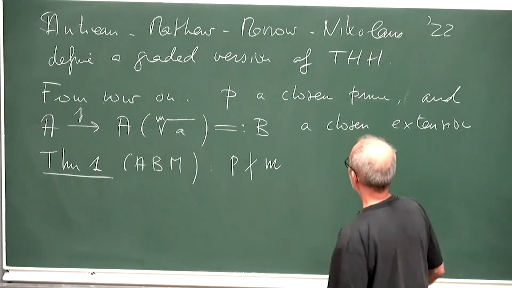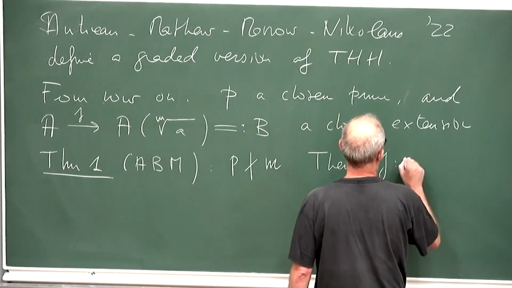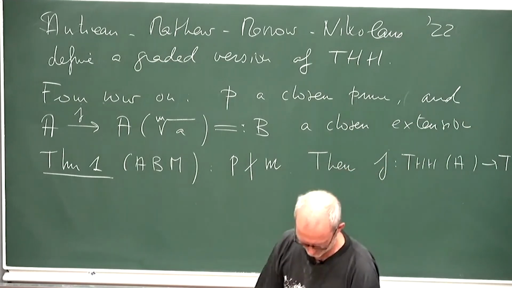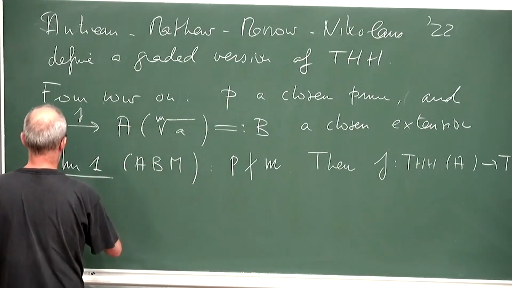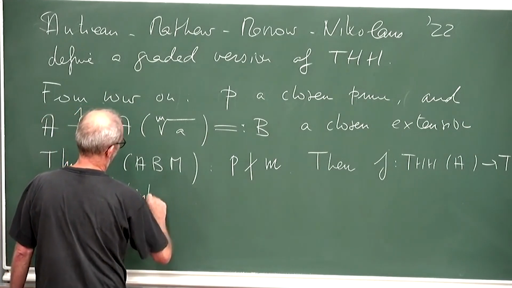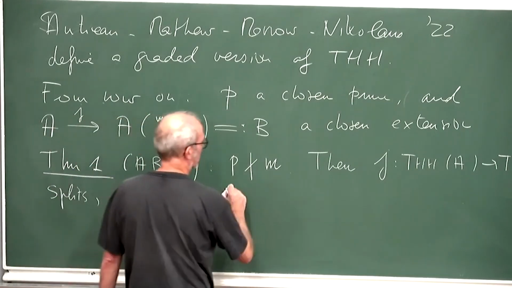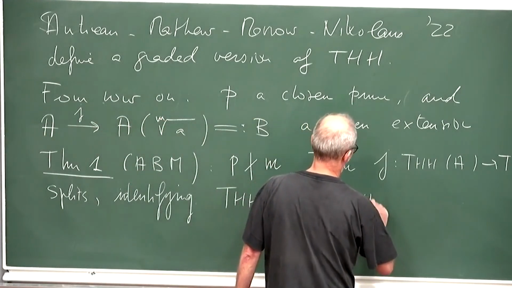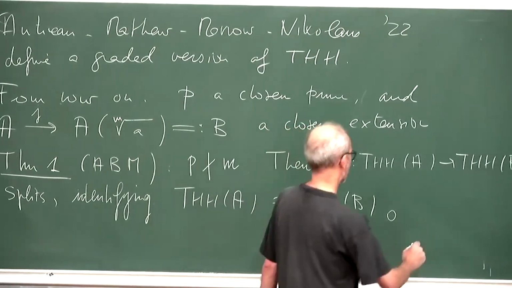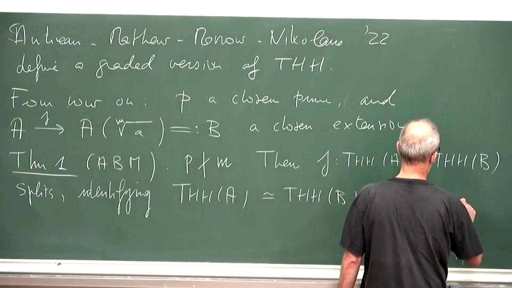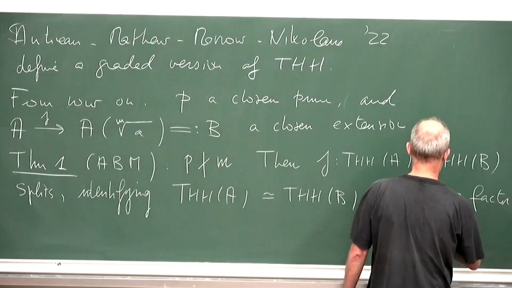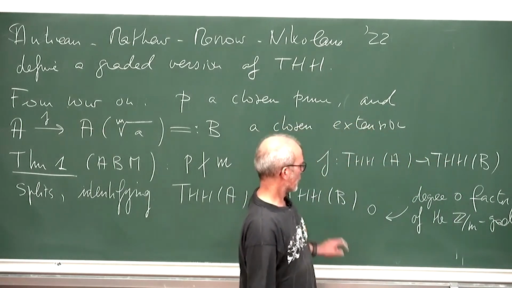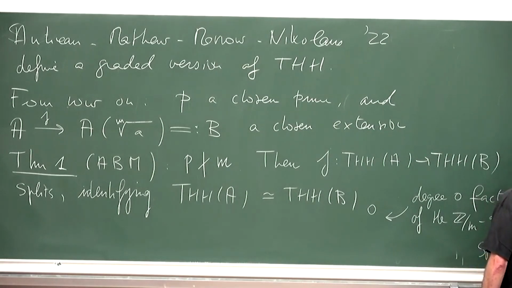Then the induced map on THH splits, identifying THH of A with the degree 0 part of THH of B. So this is the homogeneous degree 0 part of this Z/m-graded spectrum.